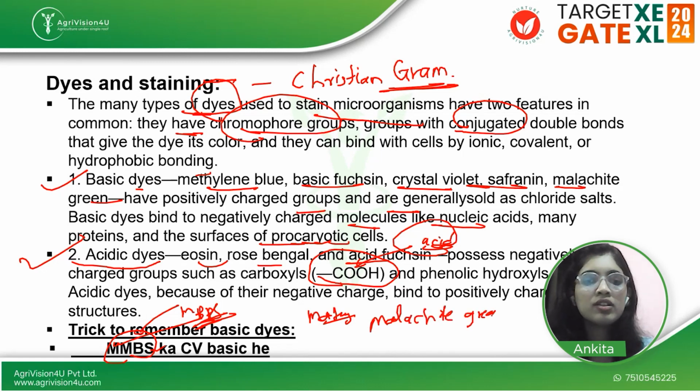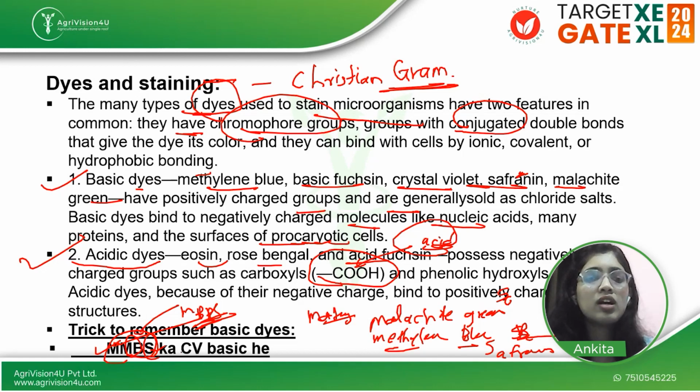Now this second M will stand for methylene blue. Or else you can do it like this: MB, methylene blue. First M, malachite green; MB, methylene blue; S will be safranin.